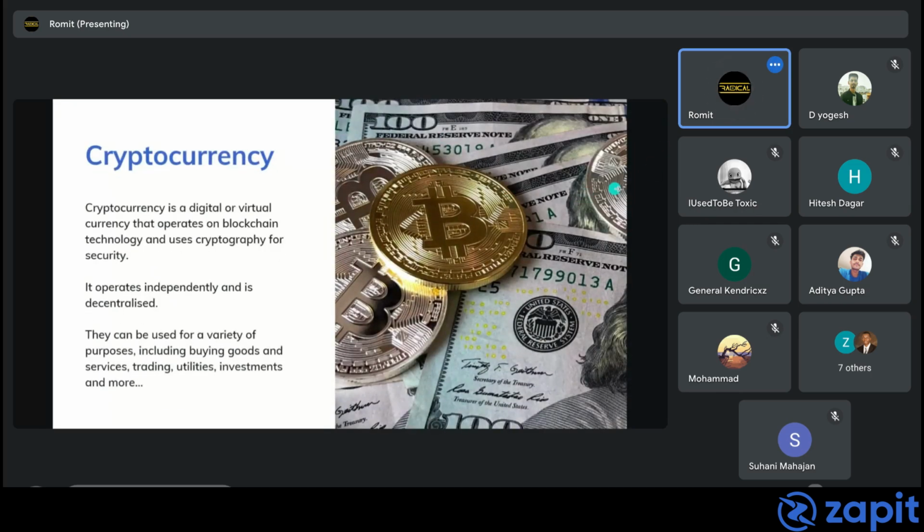Among all those digital currencies, the most popular one, at least in the past decade, has been cryptocurrencies. Well, what is a cryptocurrency? How is it different from regular banking? Again, it's still digital, it's still a virtual currency. The only difference is that banking and such don't really operate on something called a blockchain. Cryptocurrencies do use a blockchain.